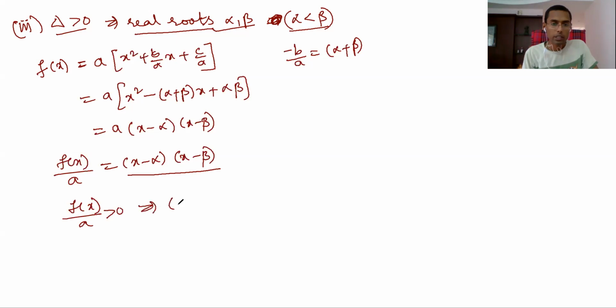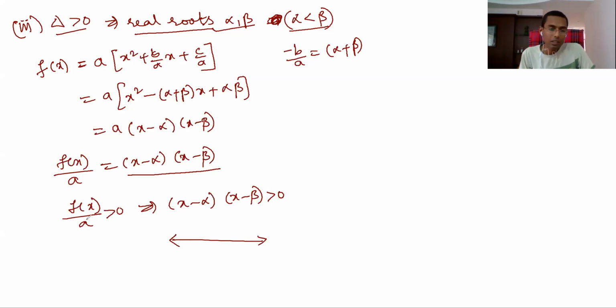That means x minus alpha into x minus beta is greater than 0. Greater than 0 implies what? Greater than 0 means two cases.